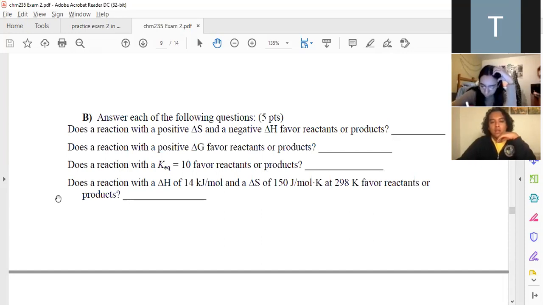If you have a positive delta G, you should favor reactants. For your Keq values, when it's greater than 1, it favors the products. When it's less than 1, it favors the reactants. If it's 1, it's at equilibrium.